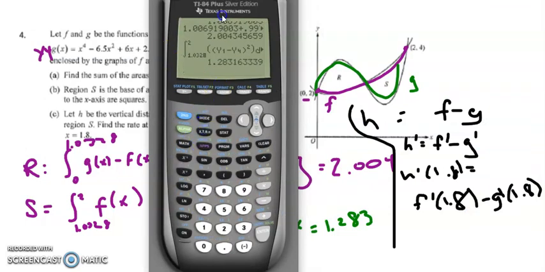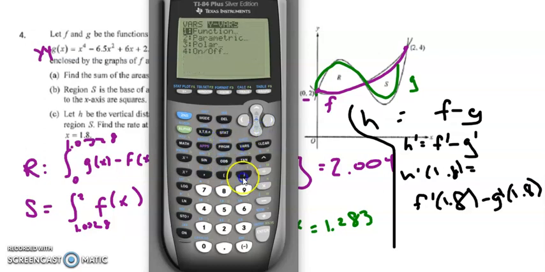We know that we are differentiating the function in y1 and then subtracting out the derivative of y4. So let's go to alpha f2, choose the numerical derivative, choice 3, differentiate with respect to x, and we're differentiating y1, so vars, y-vars, function y1, at x equals 1.8. Then the other thing we need to do is go to alpha f2, numerical derivative again, differentiate with respect to x.